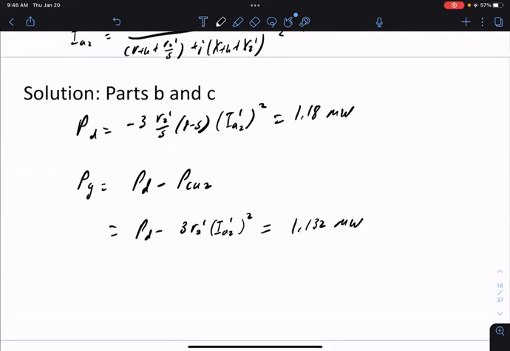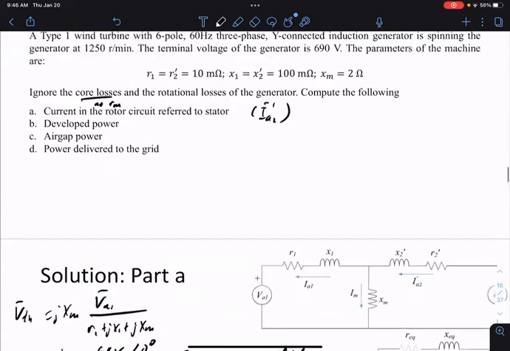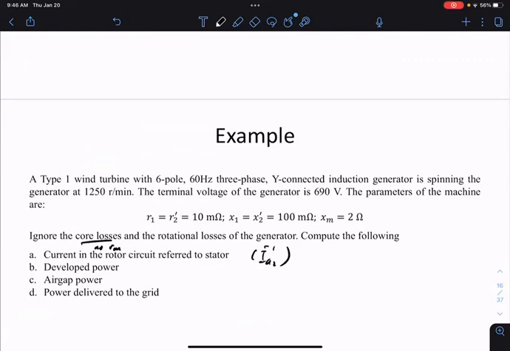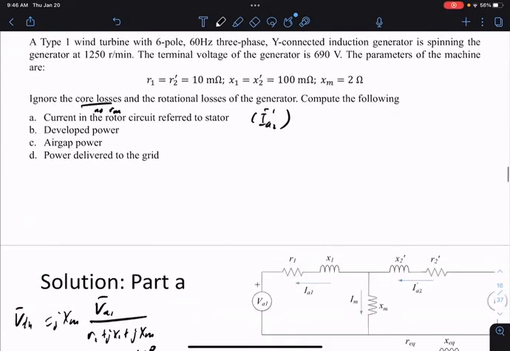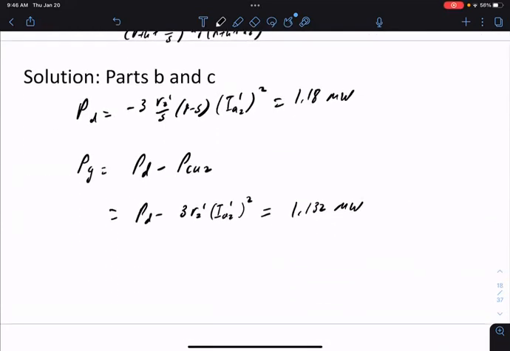The important thing to remember is there is a 3 in all of this power calculation. There's 3 times the current squared times the resistance, because we're talking about 3-phase circuits. That's why the question says we have a 3-phase Y-connected induction machine, so all the 3s show up here. So don't forget the 3.